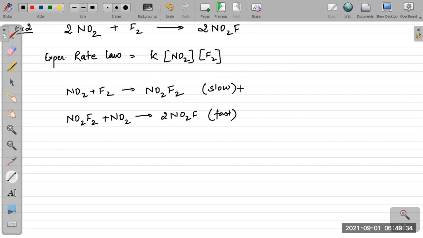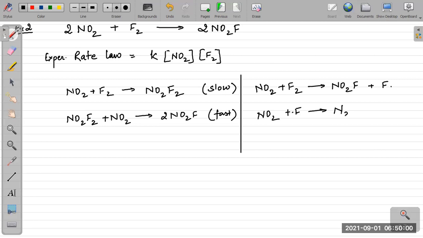And the second set of reactions, which we can give in parallel, can be something like this: NO2 plus F2 giving us NO2F plus F, the free radical. Then this free radical combining with NO2 to form NO2F again.